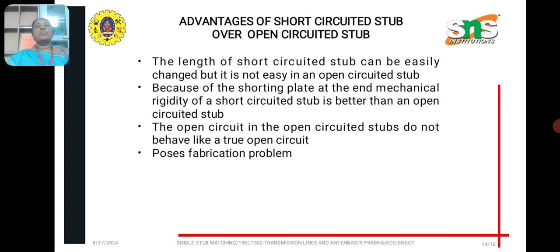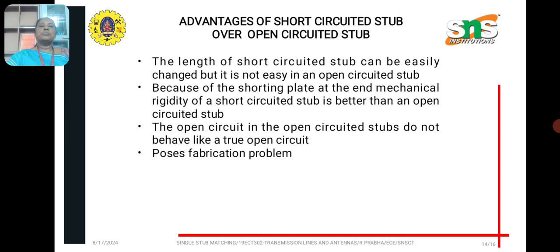Now the advantages of a short circuited stub over an open circuited stub: the length of a short circuited stub can be easily changed, but this is not easy in an open circuit. Because of the shorting plate at the end, the mechanical rigidity of a short circuited stub is better when compared to an open circuited stub.